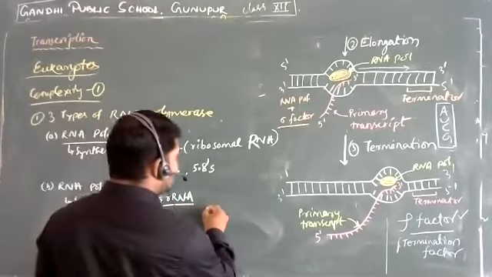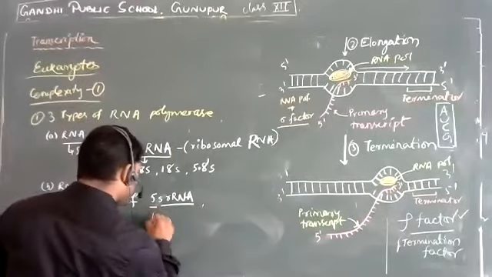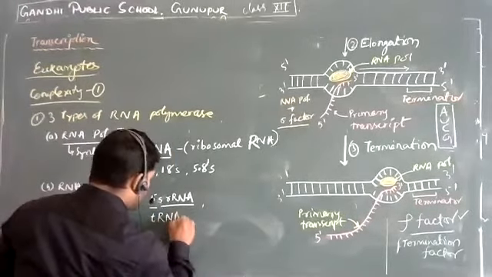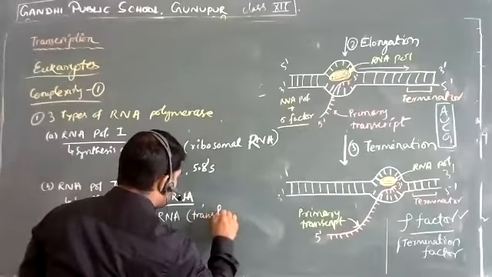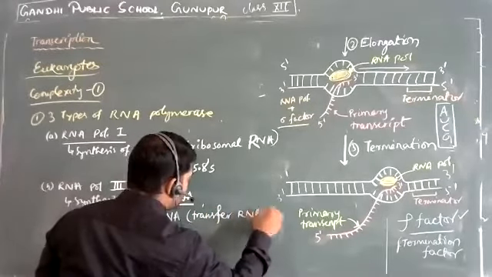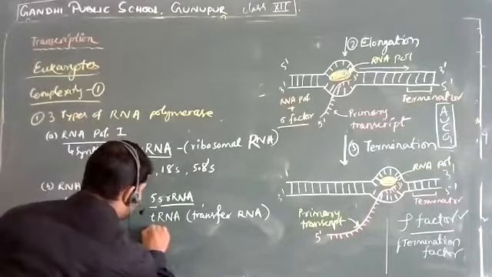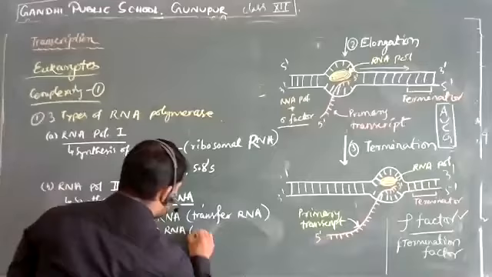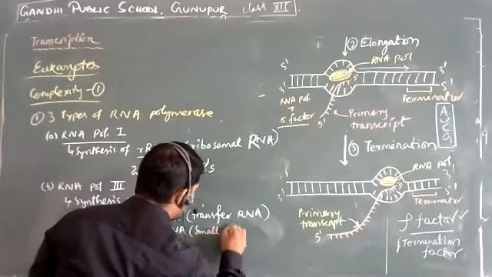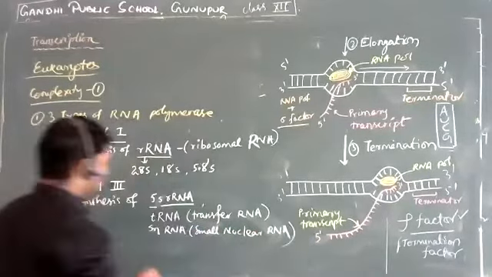Along with that, it is also involved in the synthesis of tRNA, also known as transfer RNA, and another thing called snRNA, which stands for small nuclear RNA.